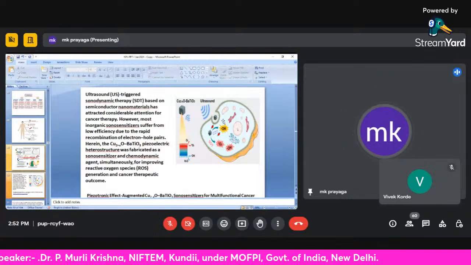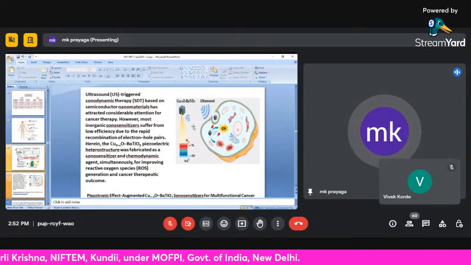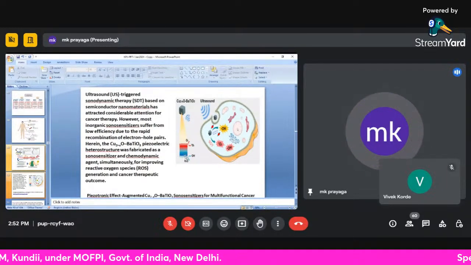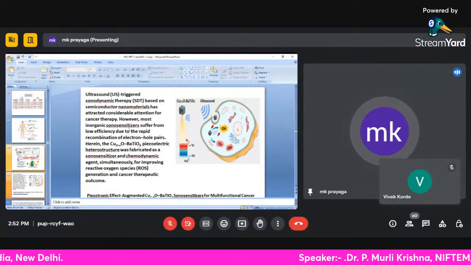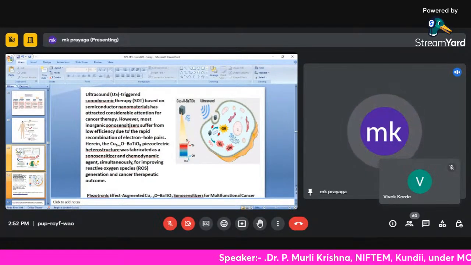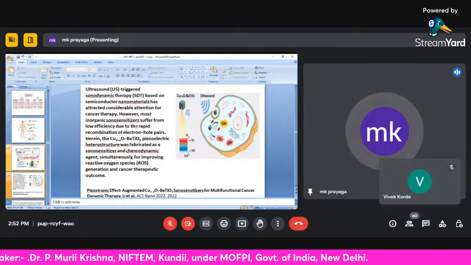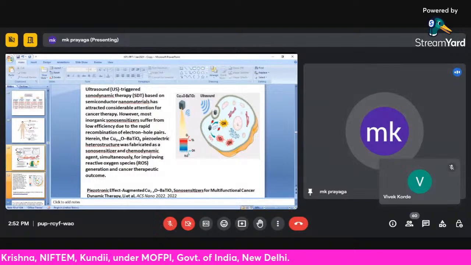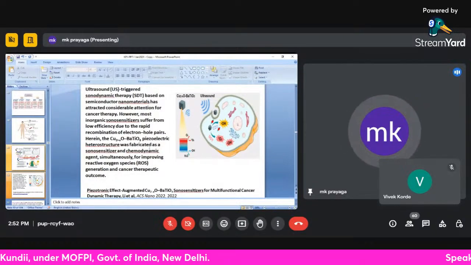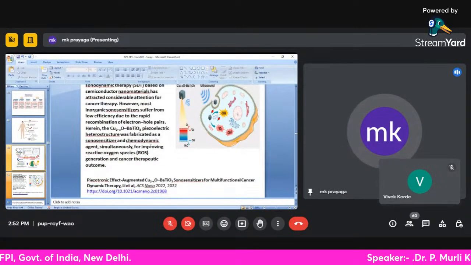Sonodynamic therapy means the cancer cell is given ultrasound, and they will repair that cell. So that the cancer cells may not spread to further locations, and it will heal there itself. And the damage to further cells will also be very much minimized. Otherwise, chemotherapy causes very huge damage to the entire body structure.